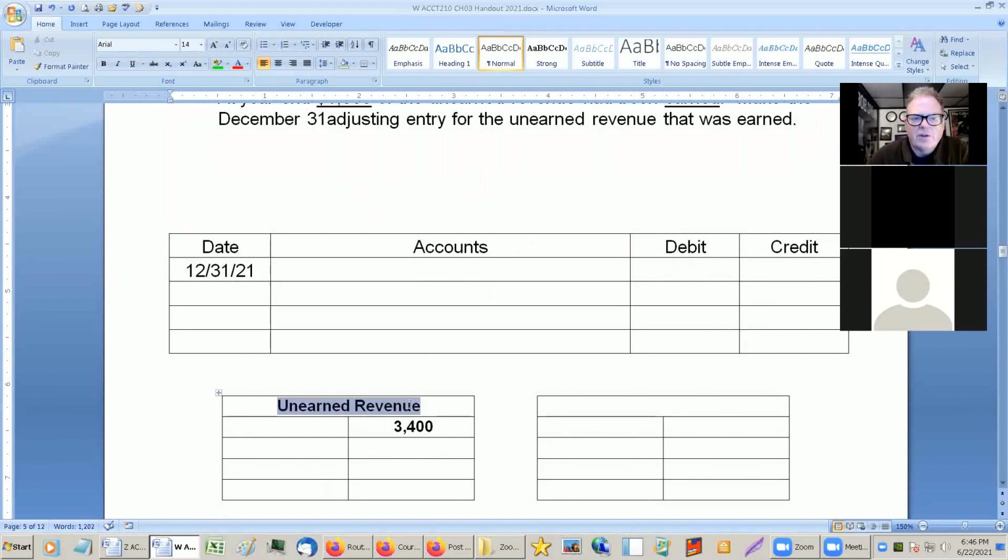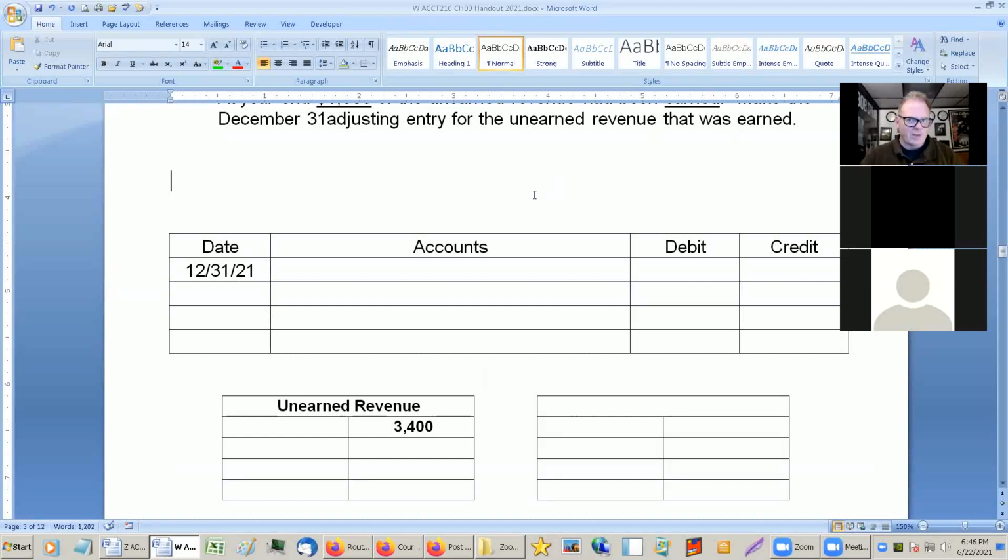Let's look at just the unearned revenue. We have a liability of 3,400. We earned 1,800 of it, so we don't owe them for 1,800. So what are we going to do with that account? Subtract 1,800 from it. Good.